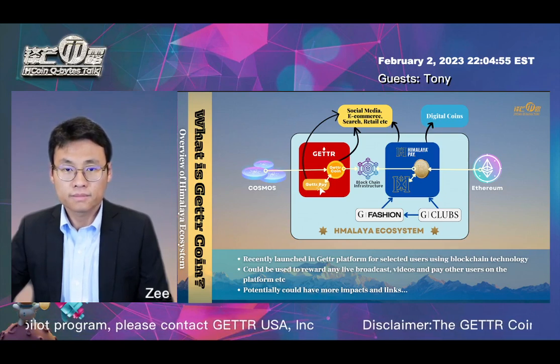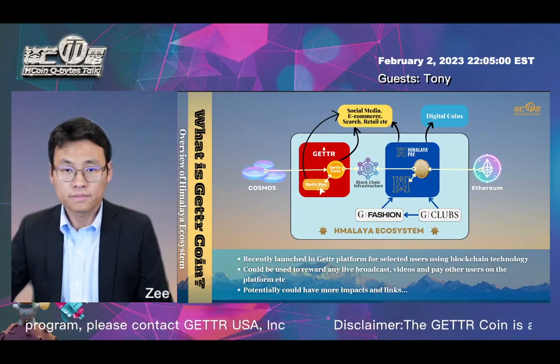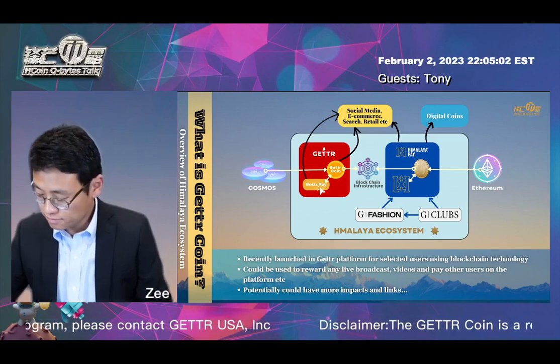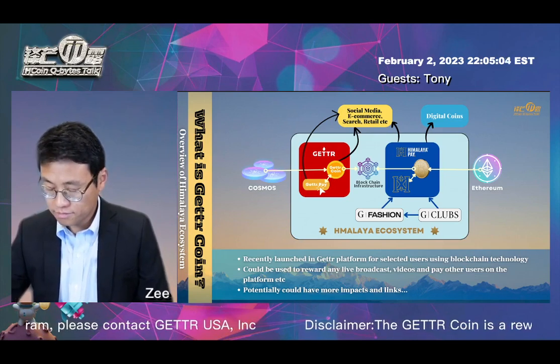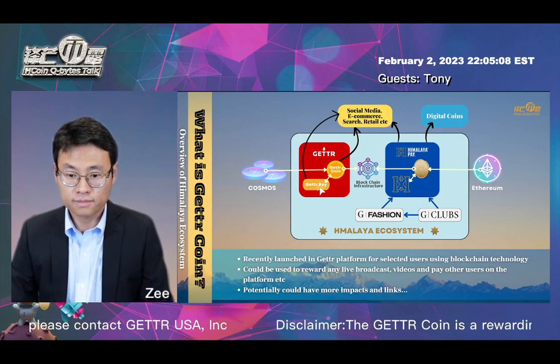So the Gettr coin and the Himalaya Pay and Himalaya Exchange system together represent the future trend of cryptocurrency, which is to revolutionize the financial system.